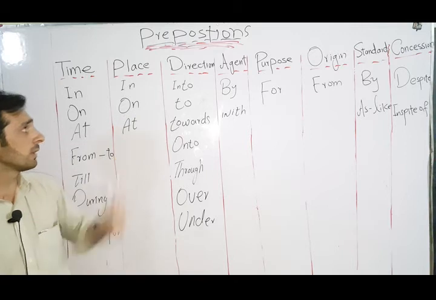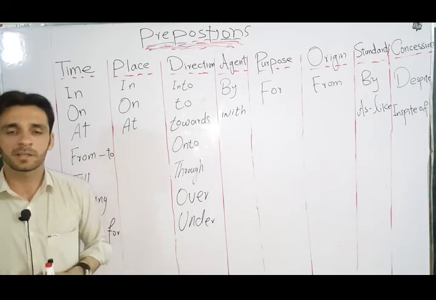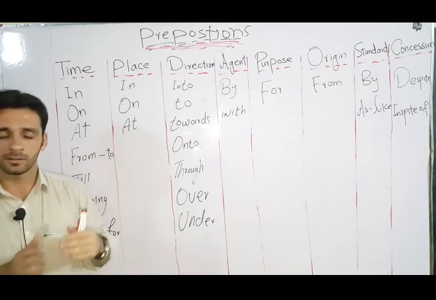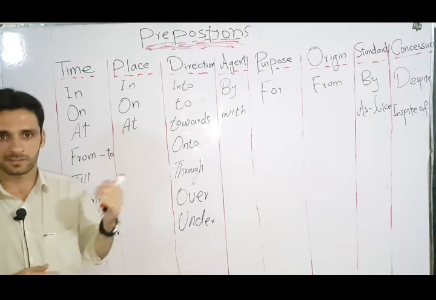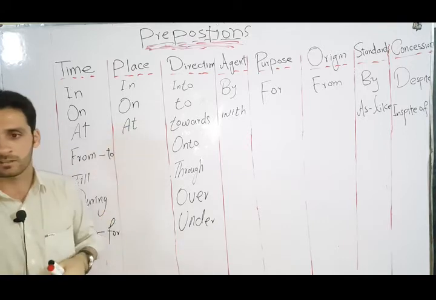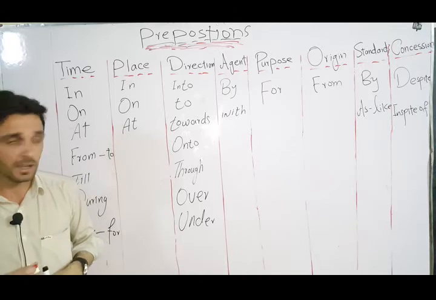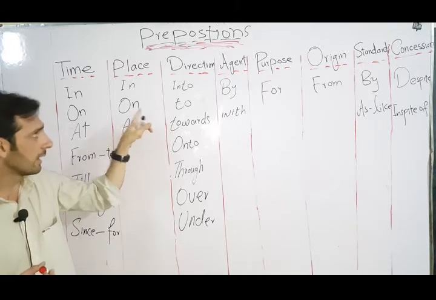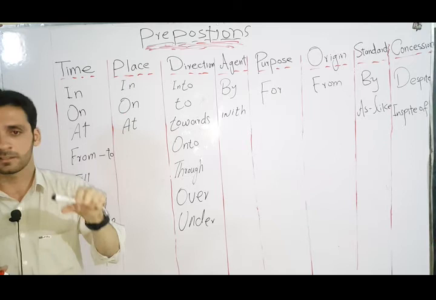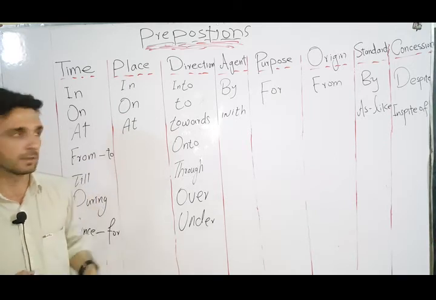So we will say the food was presented to us on the table. The table is a surface area, and on shows the relationship of the food with the table.